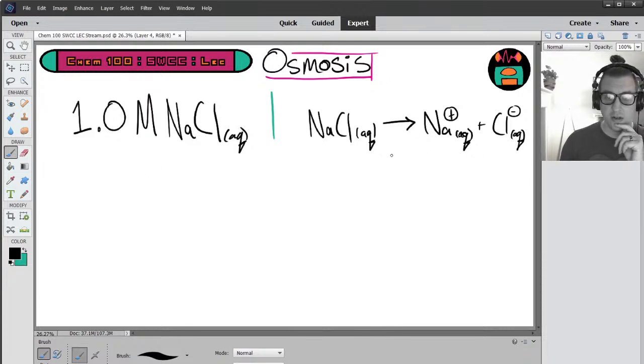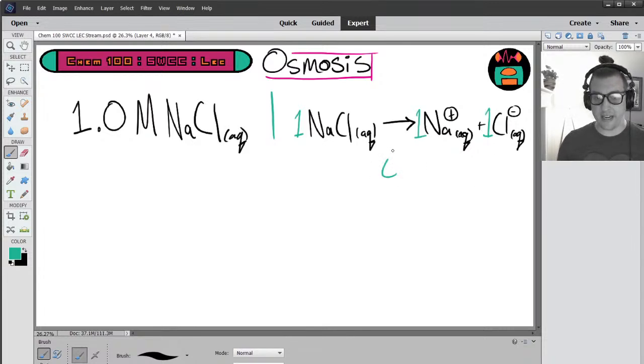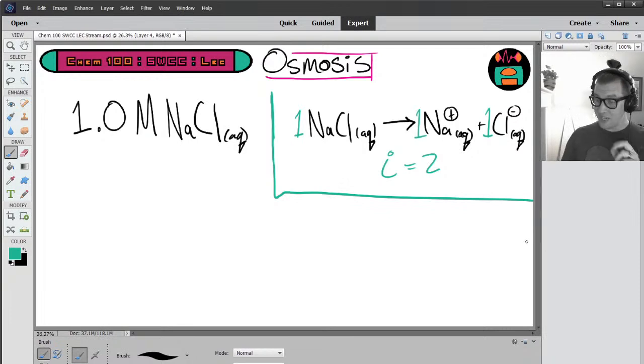So here, because 1 molecule of sodium chloride actually has 2 distinct ions in solution, we say that the Van Hoff factor is 2. And you have to take the Van Hoff factor into account when you're calculating concentrations for the process of osmosis, all right? And the unit that we use is something called osmolarity.